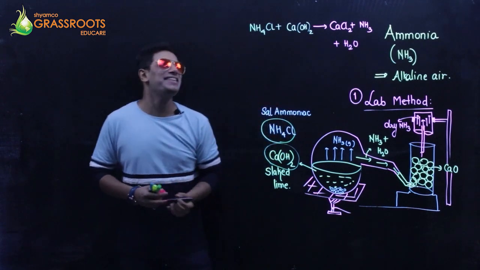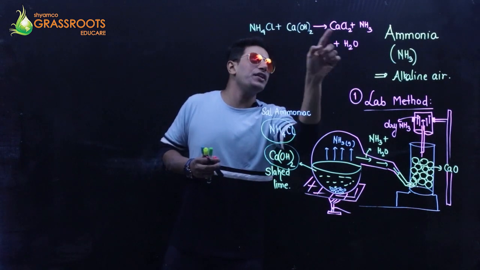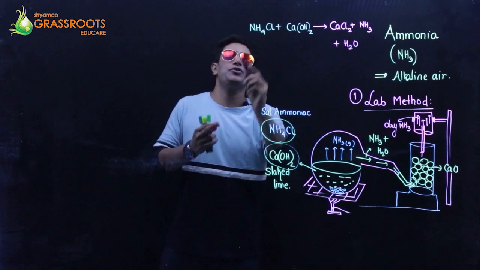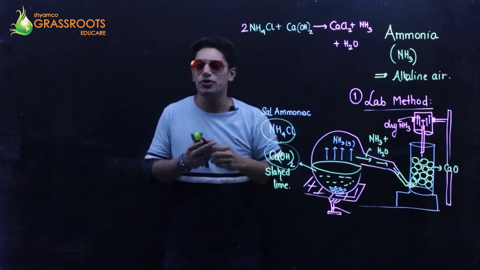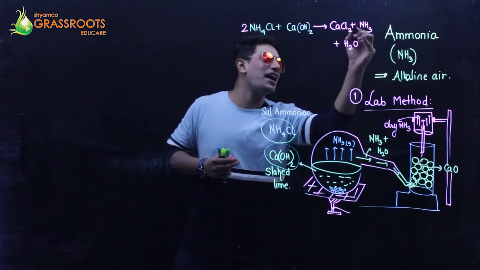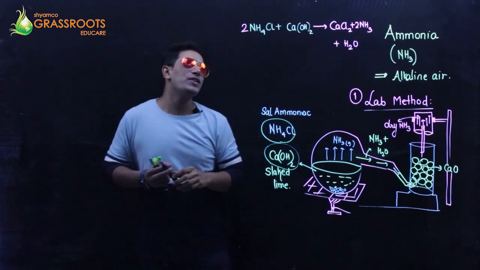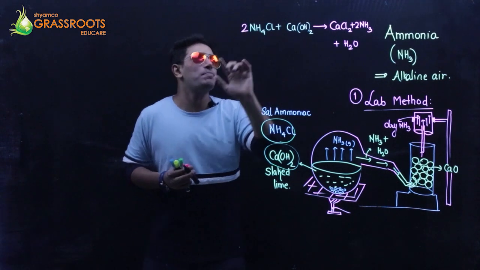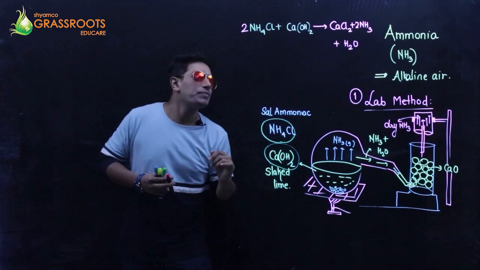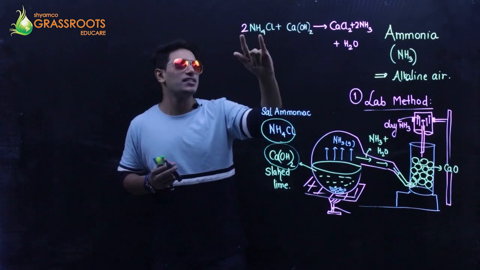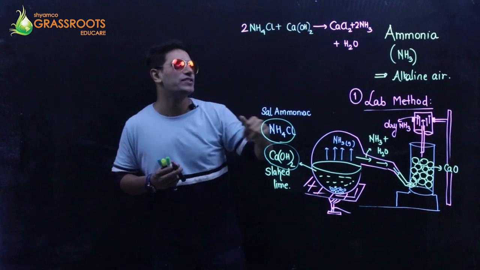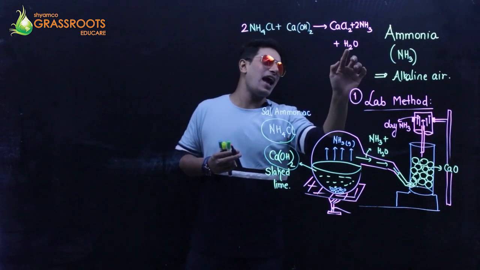Now if you happen to balance this, 2 chlorine, 1 chlorine. So you get a 2 out here. 1 nitrogen, 2 nitrogen. So you need a 2 to balance, right, guys? Okay. With this, chlorine is balanced and nitrogen is balanced. Calcium already balanced. Now what about hydrogen? 8 and 2, 10 hydrogen on the LHS. 6 and 2.